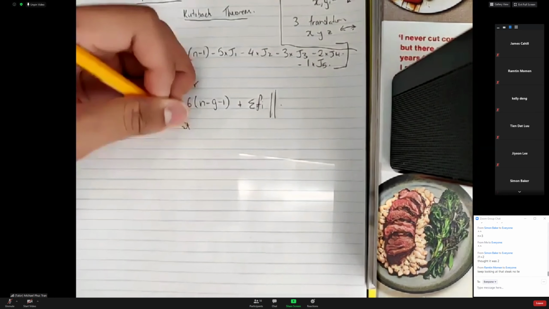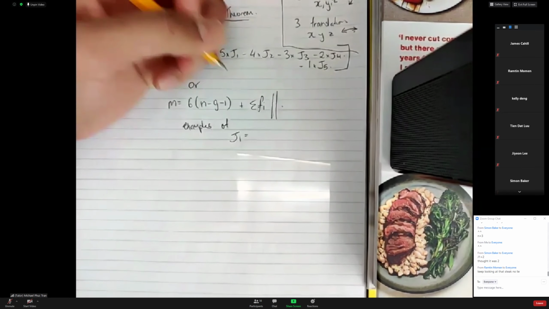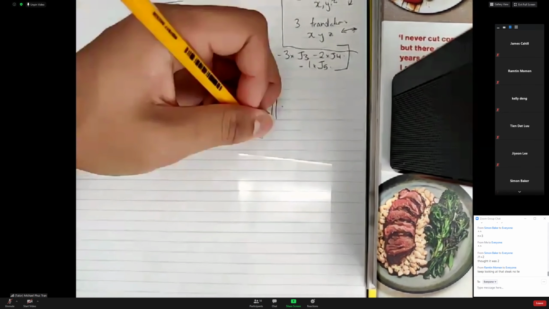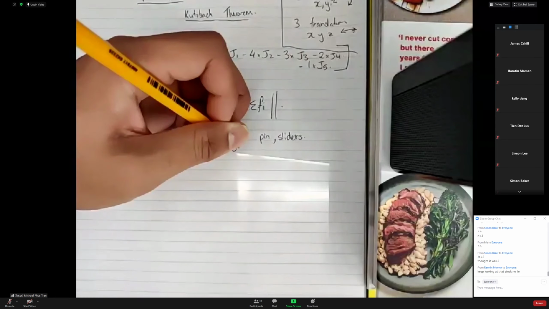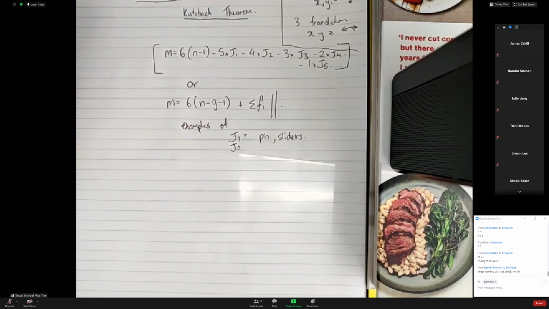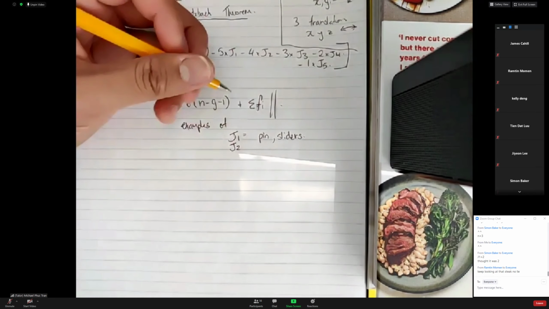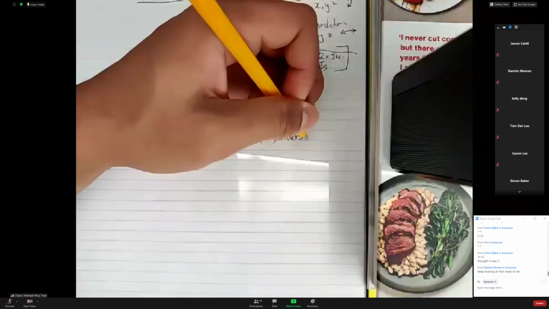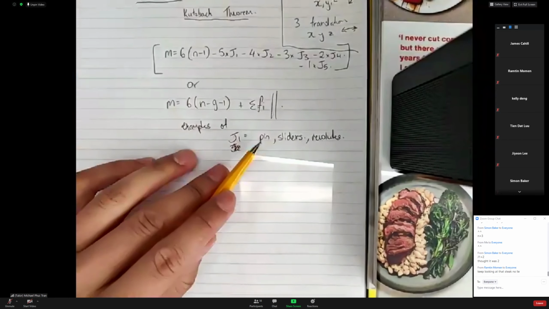So examples of J1, so that's also your pin or your sliders. Or you can also call those revolutes. So these would be special pins and sliders.